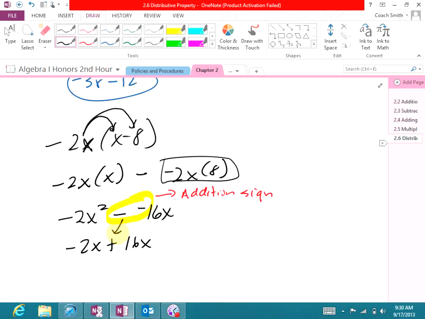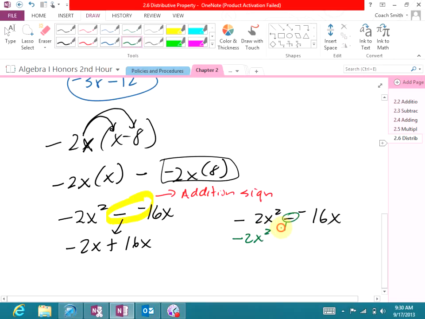Now, the reason that is true is because of our definition of subtraction. Let's go back and think of this right here. The definition of subtraction says I do this. First number stays the same.